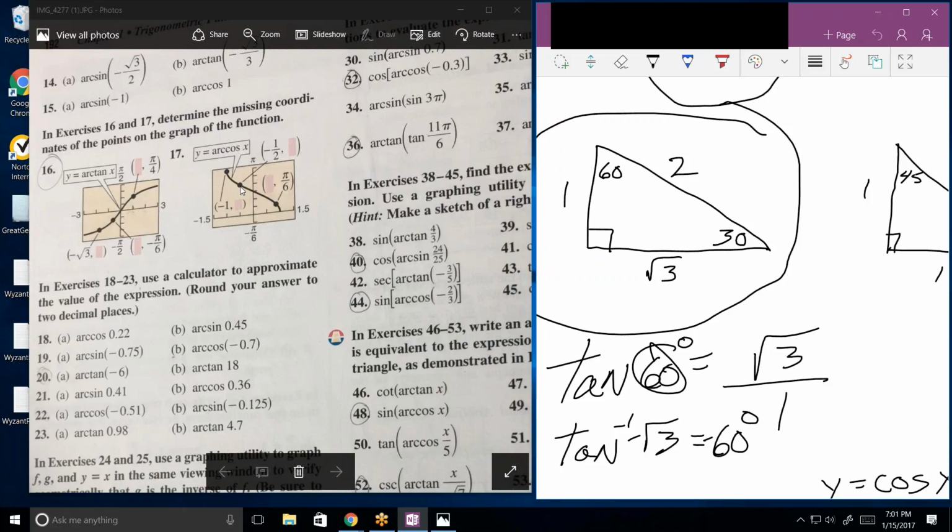The reason is because it's -1/2, it has to be in the second quadrant. What's the equivalent of 60 degrees in the second quadrant? 120, the supplementary angle.